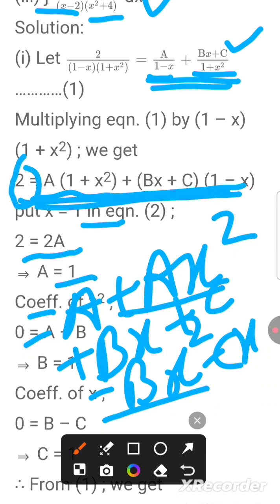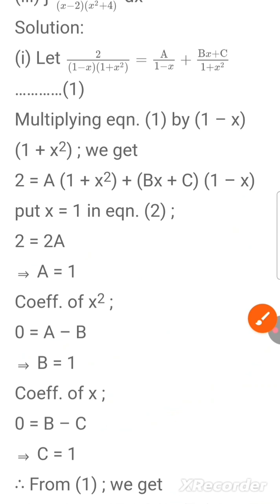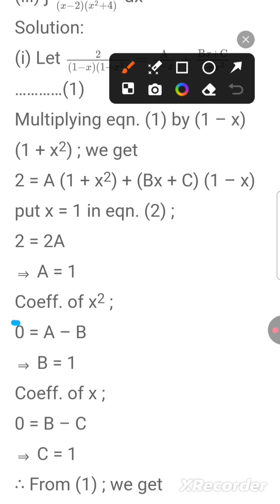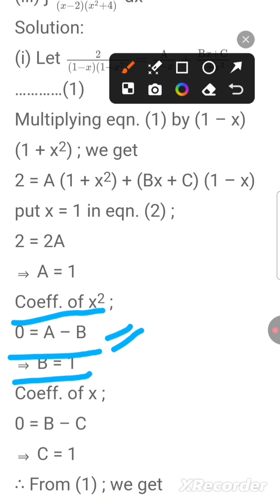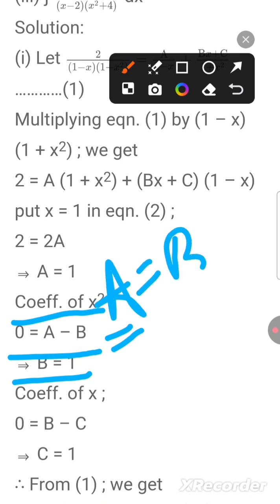But the left hand side does not have any term containing x square. So a minus b should be 0. Equating the coefficient of x square, we get a minus b is equal to 0. So a is equal to b. Since the a value is 1, the b value should be 1 as well.